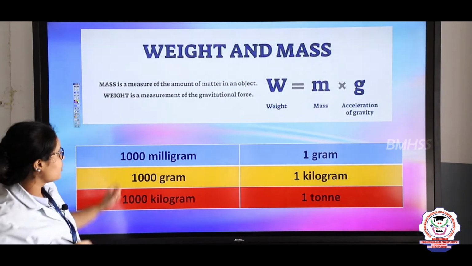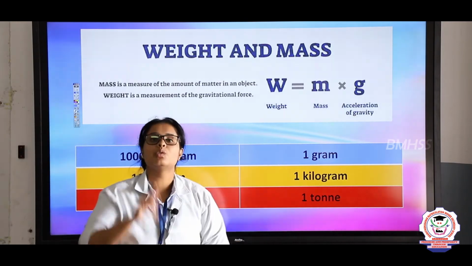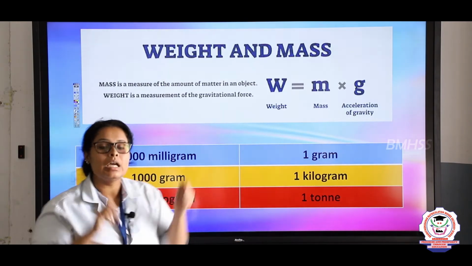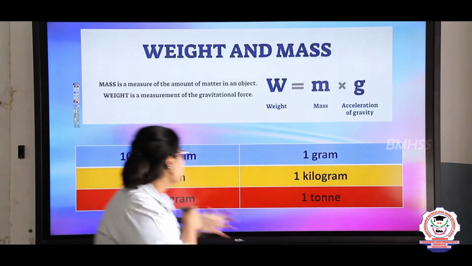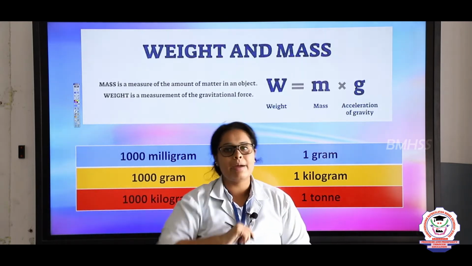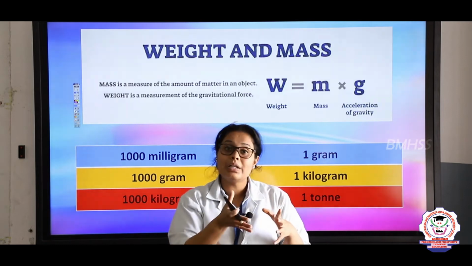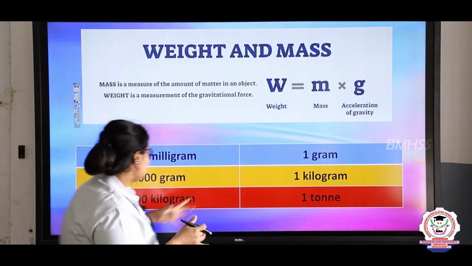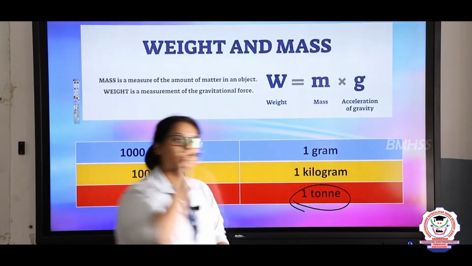Here 1000 milligrams is equal to 1 gram, that is, 1 gram has 1000 parts of milligram. Same way, 1000 grams is 1 kilogram. Again, 1 kilogram has 1000 parts. Same way, 1000 kilograms is equal to 1 ton.